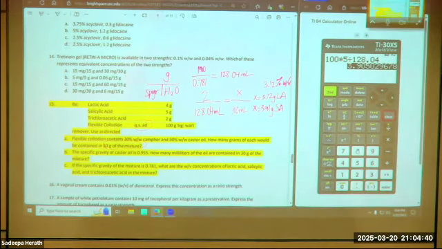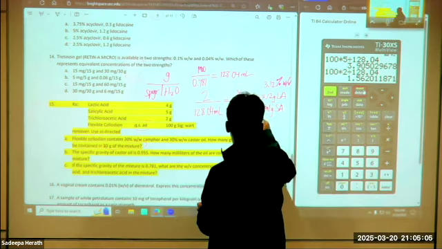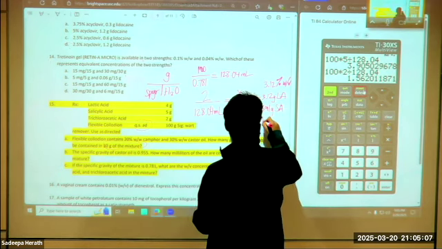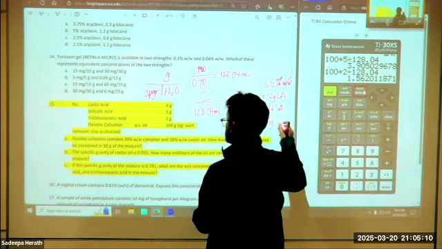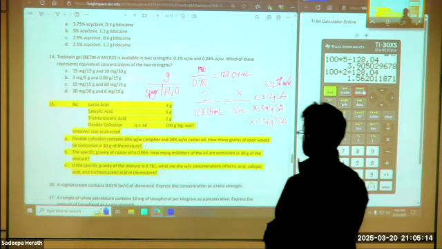Here's a trick with calculators: you can go up, press enter, and it copies the same equation you put in, and you can edit. You can press delete here and then second insert 2, instead of retyping the whole equation again. So that's 1.56 grams of trichloroacetic acid.